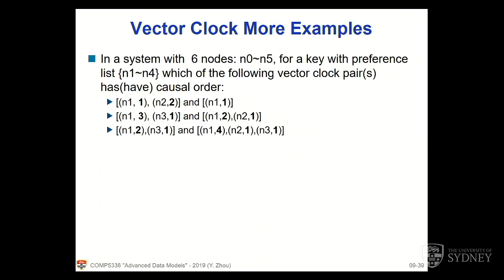Okay, let's see a few more examples. In a system with 6 nodes, N0 to N5, for a key with preference list N1 to N4, what has causal order?